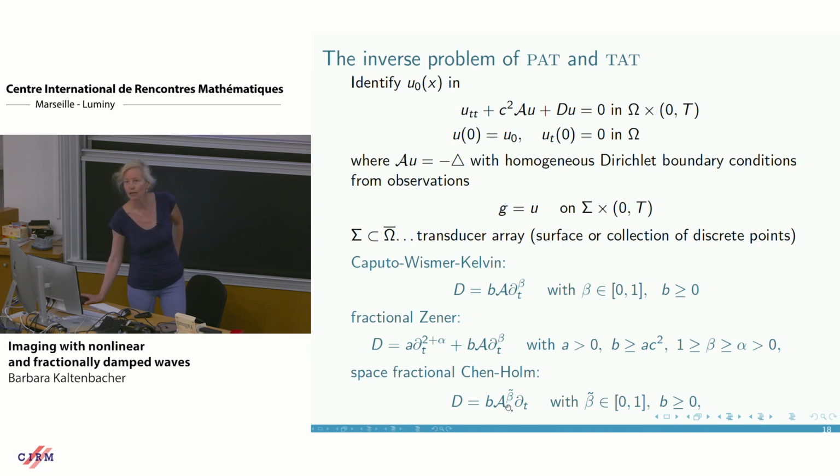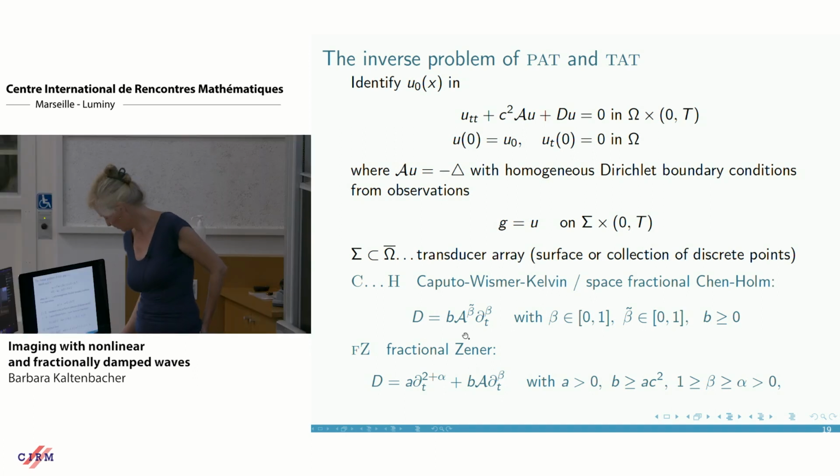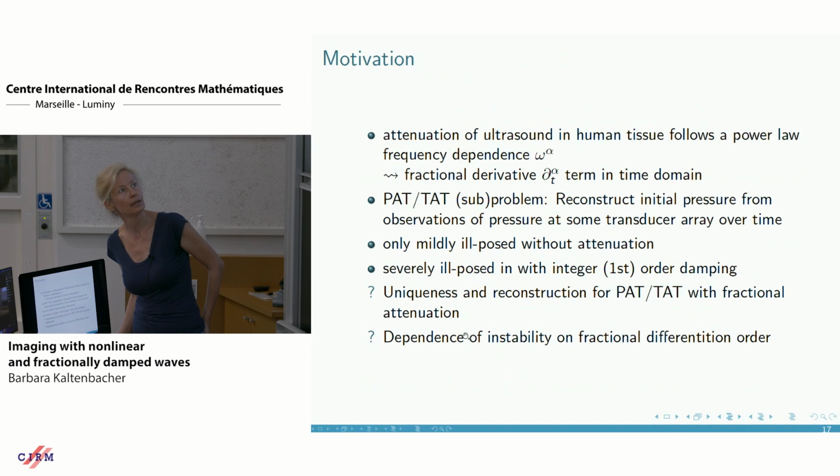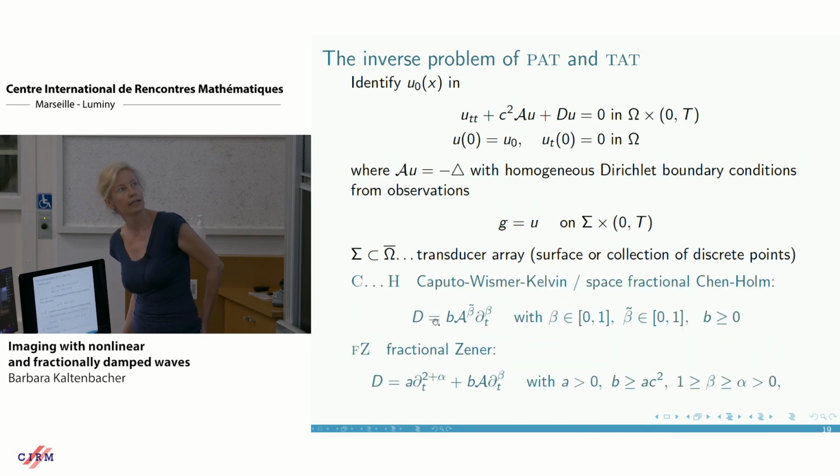So sorry, I ran out of letters. For some reason, I didn't want to use gamma here. So it's a beta tilde. Okay, these two can be combined clearly, and then it's a model with a long name, which I just abbreviate by CH.